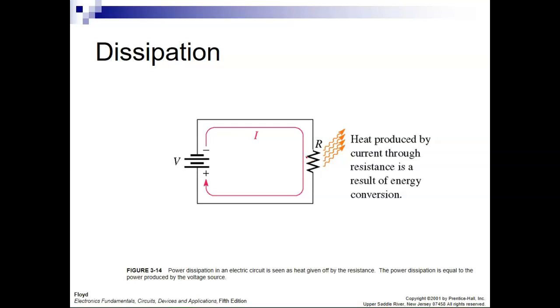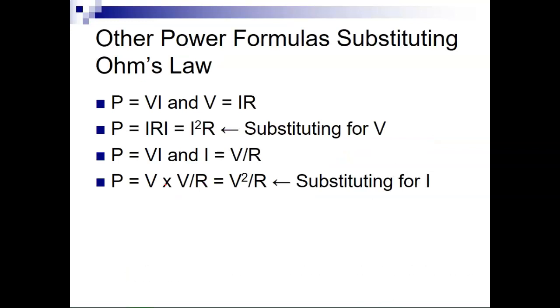That's why if you've ever tried to grab hold of a light bulb you just turned off, you might lose a fingerprint or two, because it has converted that current and that voltage into heat energy as well as light energy. So we convert any and all energy into either heat energy or light energy when we're dealing with this. That's what dissipation's about.